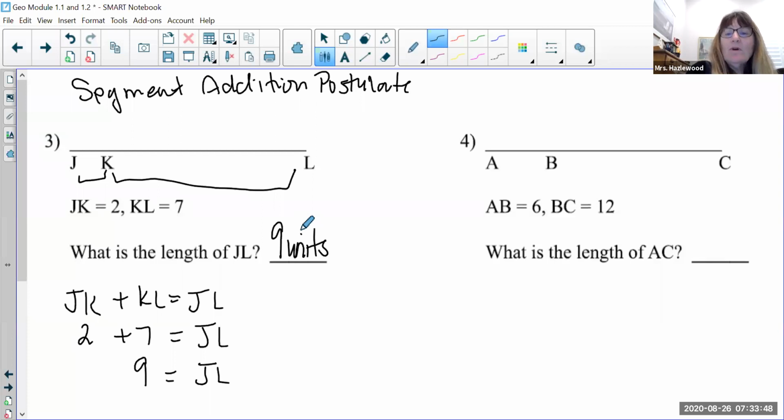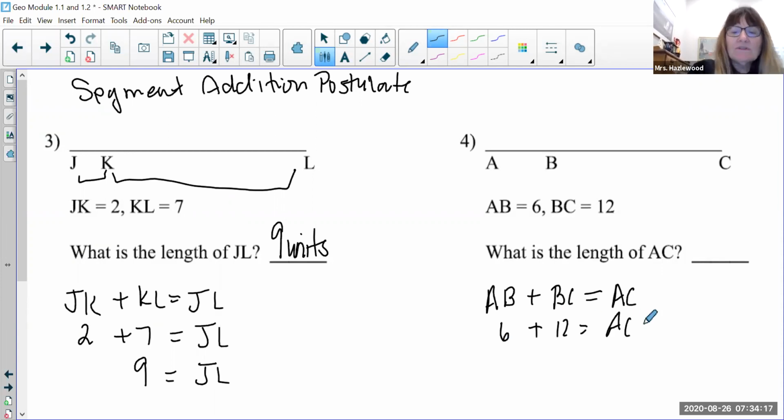And now on number 4, I'm just going to do the same thing. Looking at the picture, I know that AB plus BC equals AC. Now I'm going to substitute in. AB is 6, BC is 12, and that's what AC equals.